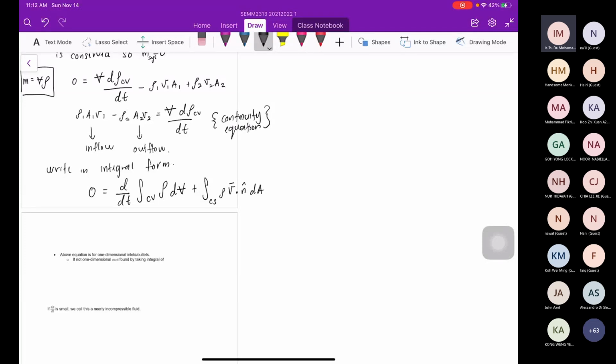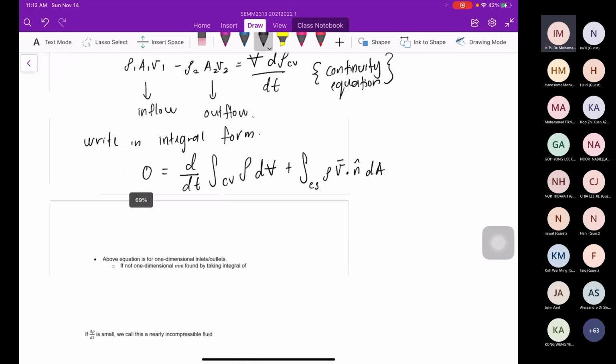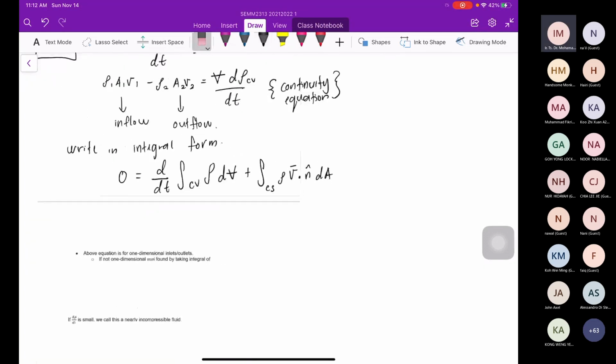That means the density will not change over time; the change of density over change of time equals 0.